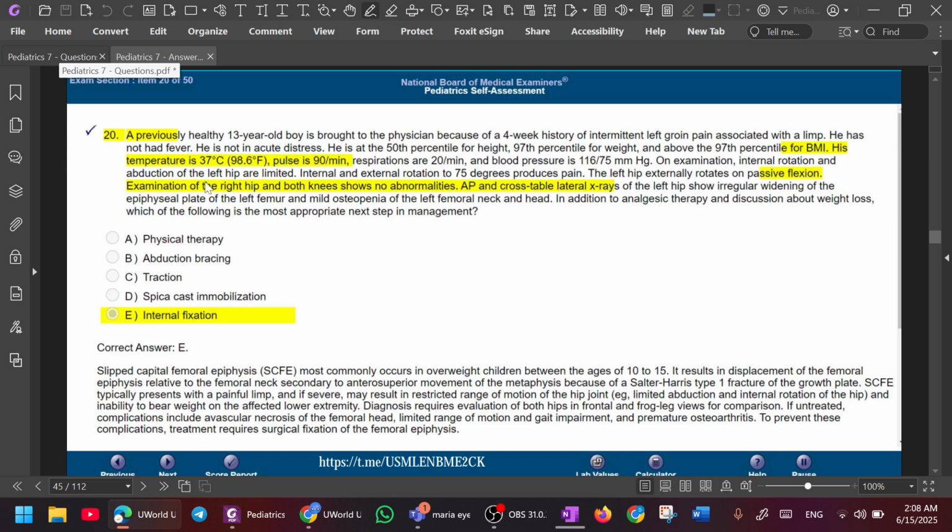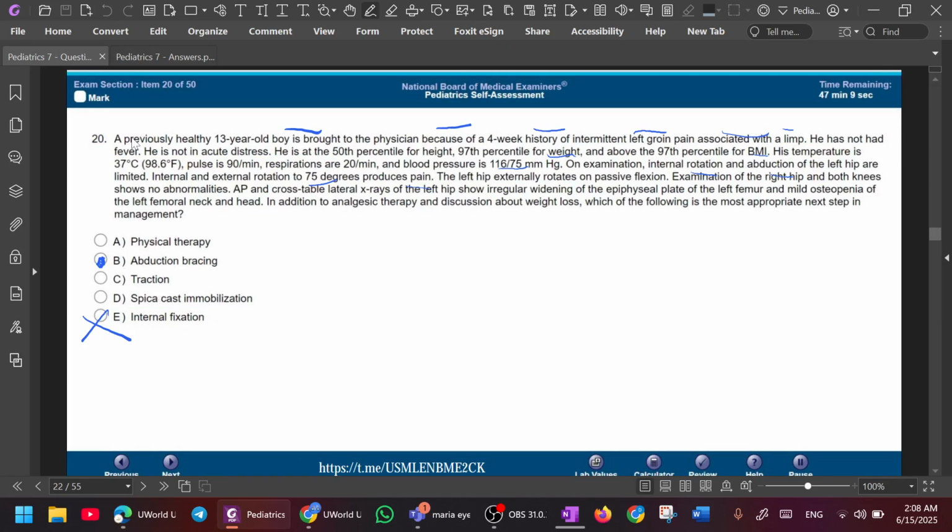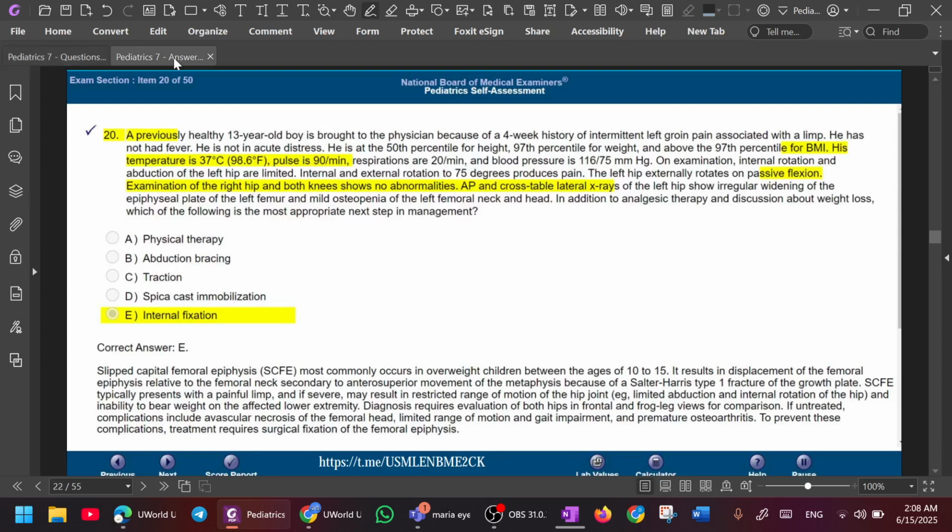Okay, so this is the one for ages 10 to 15. For babies, what is the one where there is dislocation, with the click sound in the hip? Developmental dysplasia of the hip. That one is for babies, less than 5.